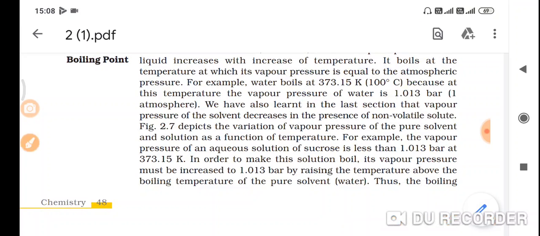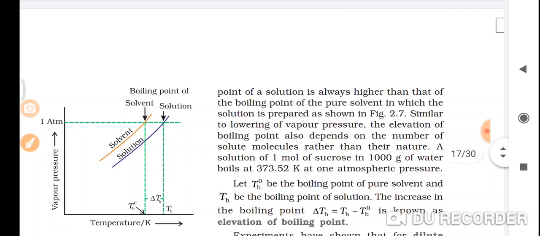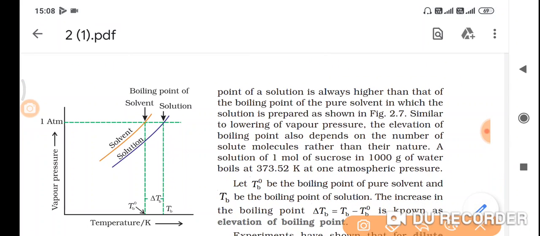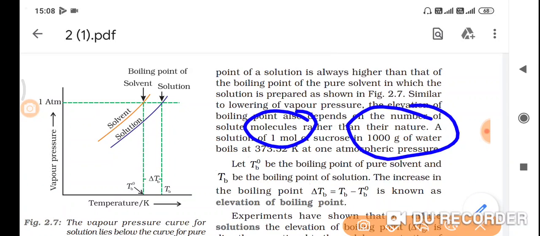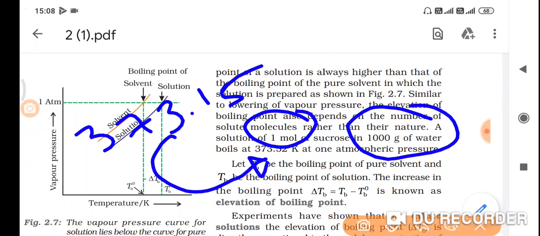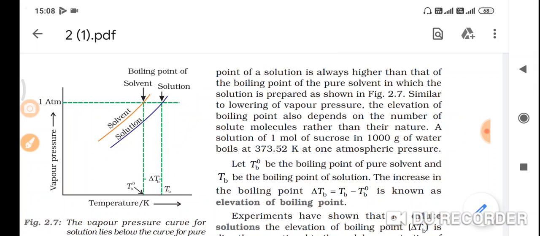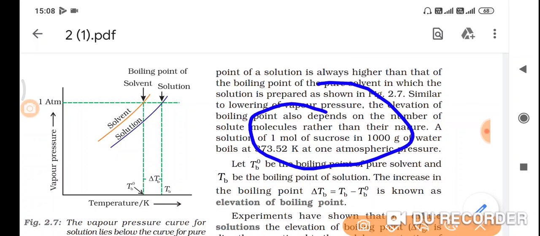When we add 1 mole of sucrose in 1000 gram of water, then the boiling point of water will increase from 373.15 Kelvin to 373.52 Kelvin, just by adding 1 mole of sucrose in 1000 gram of water.